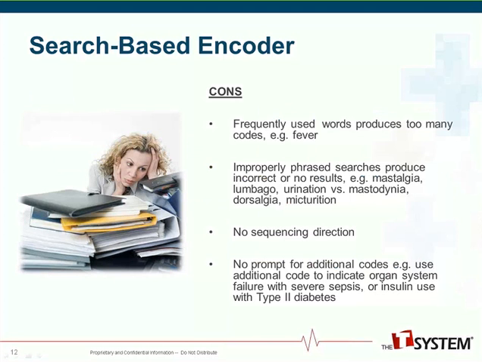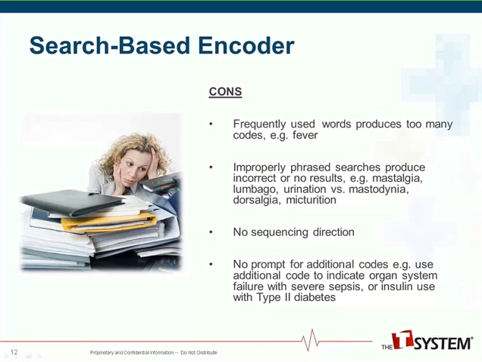But some of the drawbacks of these search-based encoders is that you can enter something that's very common throughout a code set, such as fever. If you type that in all by itself as a search phrase in any kind of search-based encoder, it's going to deliver over 100 results, which doesn't get you any farther than you were when you started out.